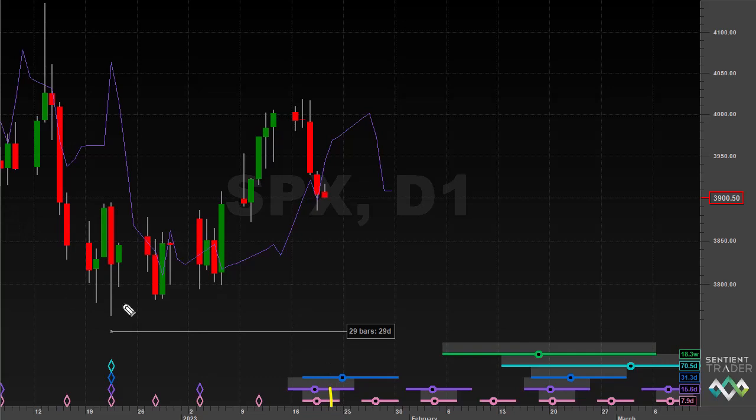As a matter of interest, and again, because this is a geek update, why has Sentient Trader positioned the 20-day cycle trough over there on the 3rd of January instead of the 6th of January? The reason has to do with the way in which the analysis is performed, solving the analysis puzzle all the way down to the 5-day cycle, which is the shortest cycle that we have in an end-of-day analysis.